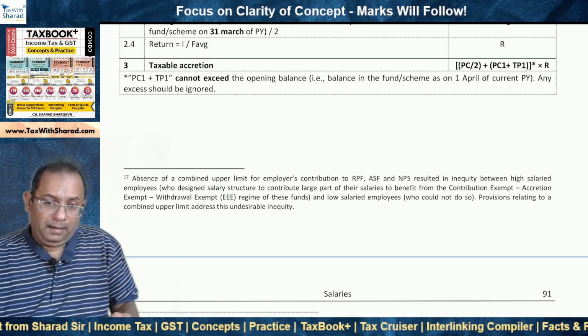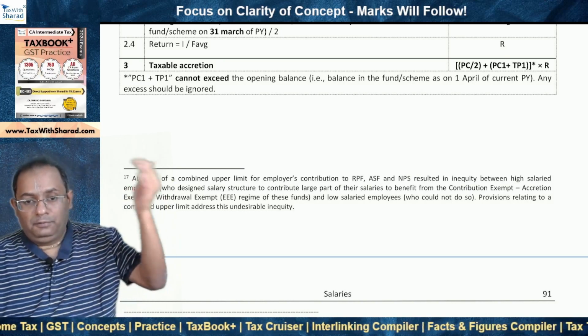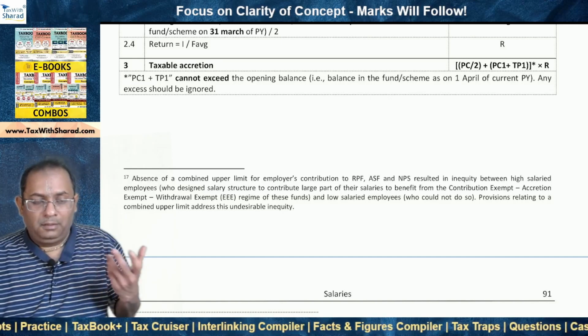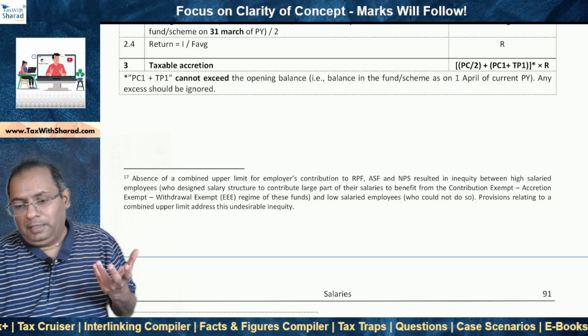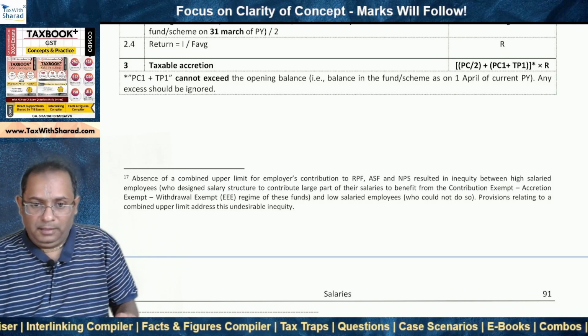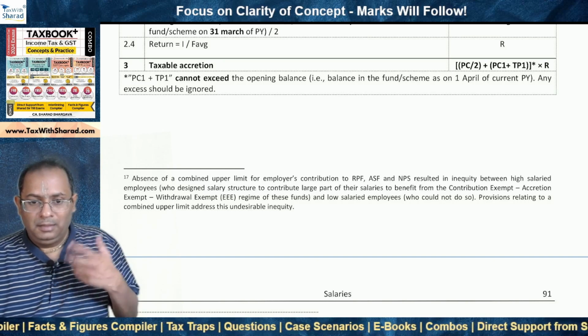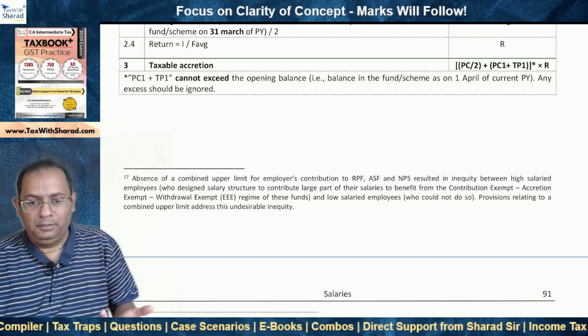Okay, and they were claiming exemption in respect of interest and in respect of the lump sum withdrawals. And this was very unjustified because they were claiming tax exemption at the cost of the tax revenues of the government, at the cost of the exchequer. So the government felt that this is not really right, because tax exemptions or incentives are not meant to benefit only high net worth individuals.